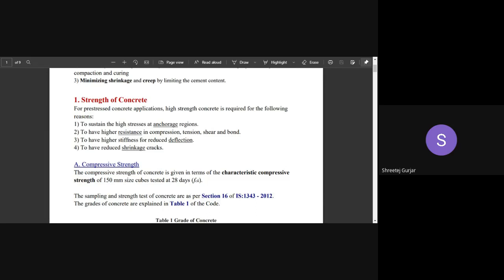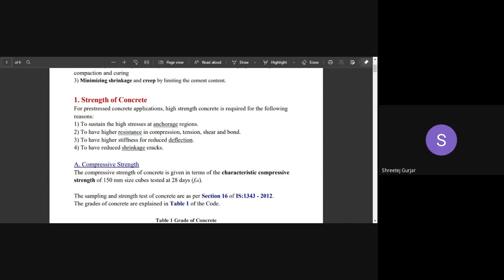To sustain those high stresses, we need high strength concrete. So that is one reason why we need high strength concrete, especially in post tension systems.